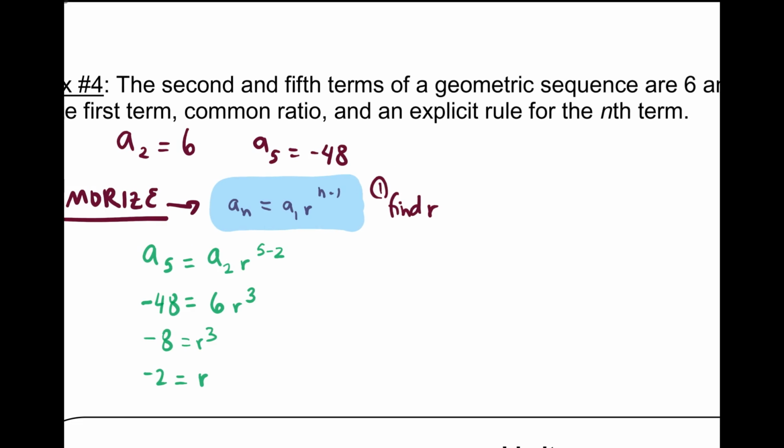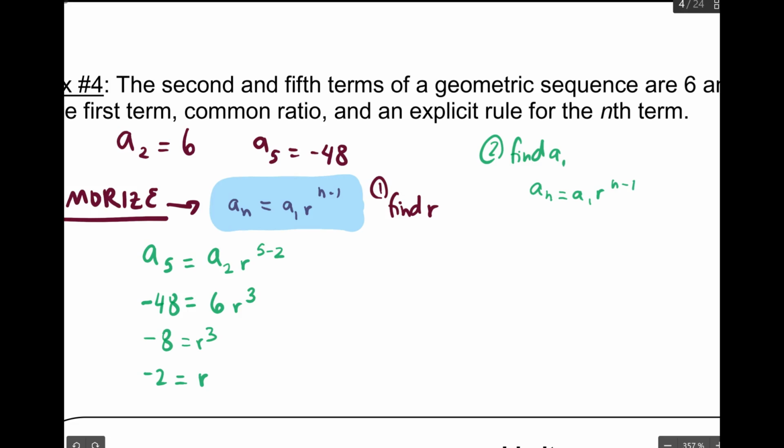Next up, we need to find a1, the first term. We wanted to find the first term, the common ratio, and the explicit rule for the nth term. To find a of 1, I know a of n is equal to a of 1 times r to the n minus 1.